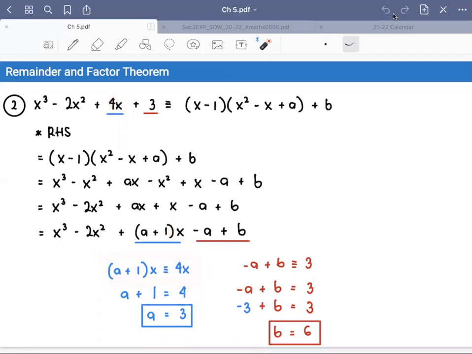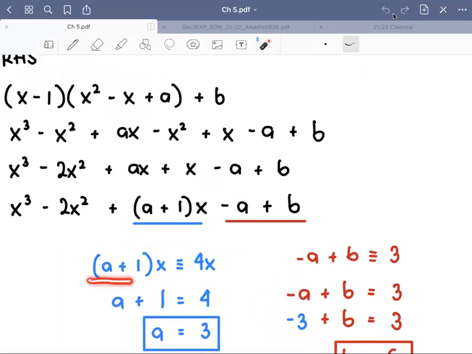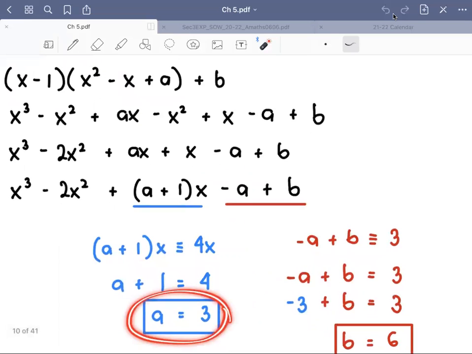Since I'm looking for a, it's a plus 1 and then this one. Now look here. So just the coefficients, right? You remove the x. So you bring down a plus 1 and 4, and that's how you get a is equal to 3. So that's a already.